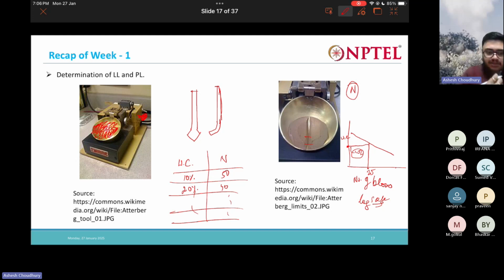That will give you the plastic limit. It may sound a little bit absurd, but these tests are very effective, and they have been done for many years. Till today, these are the basic tests done in every soil mechanics lab. This is how you get the plastic limit and the liquid limit.